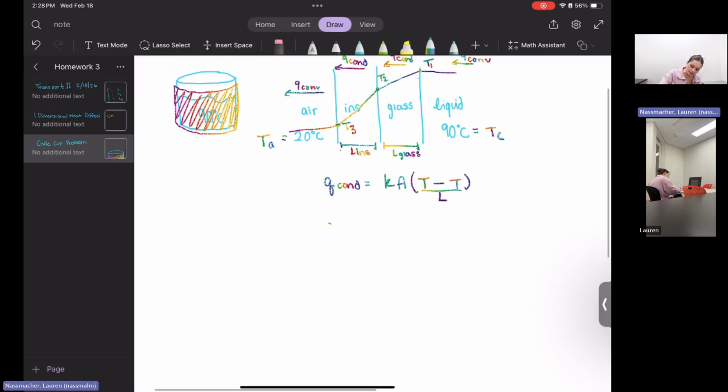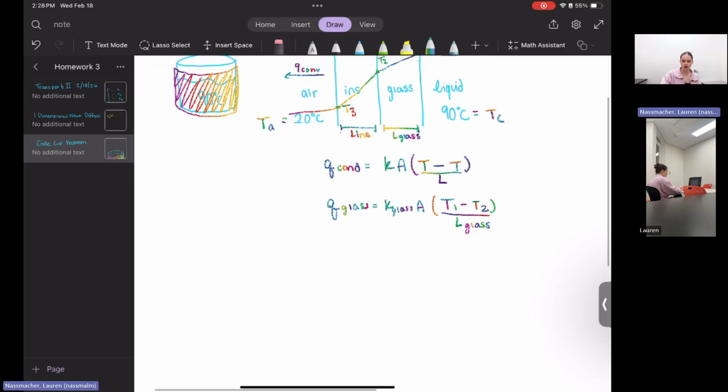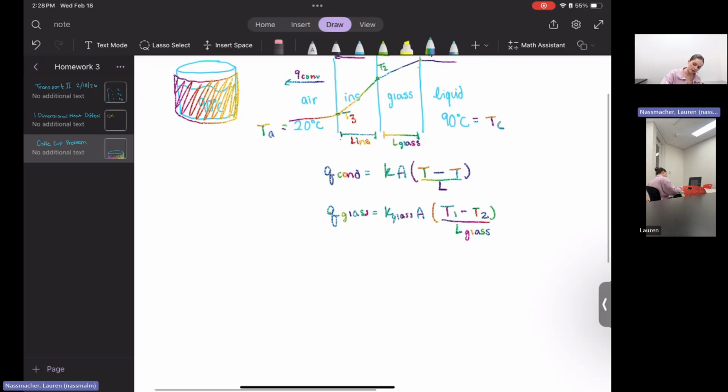So for our heat loss of glass, we can say that the thermal conductivity of glass multiplied by the area multiplied by T1 minus T2 over our length is equal to the heat loss via conduction.